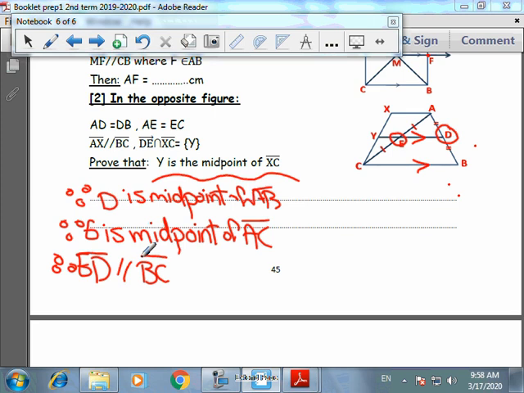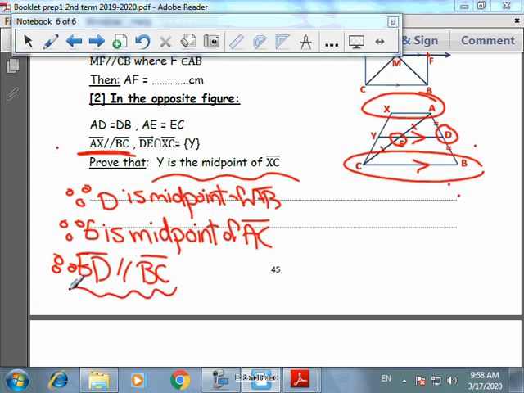In the given, it is said that AX is parallel to BC. If AX is parallel to BC, and I said that ED is parallel to BC, then AX must be parallel to DY, the whole line segment DY.